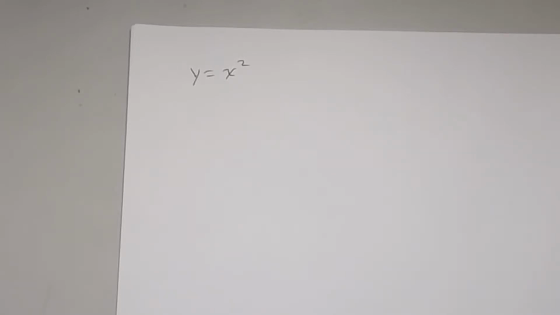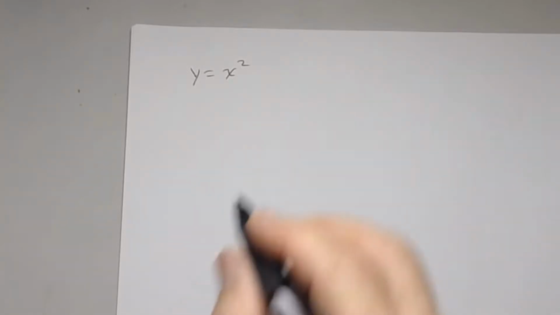Because in a linear equation, the exponents of x and y have to be what number? 1. The exponent of x here is 2. The exponent of y is 1. So it's not linear. Do you remember what kind of equation this is? Quadratic. So this is a quadratic equation.